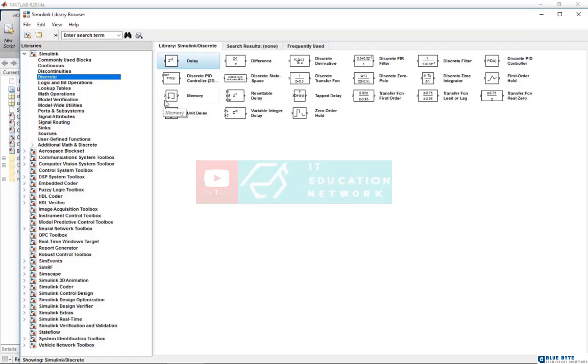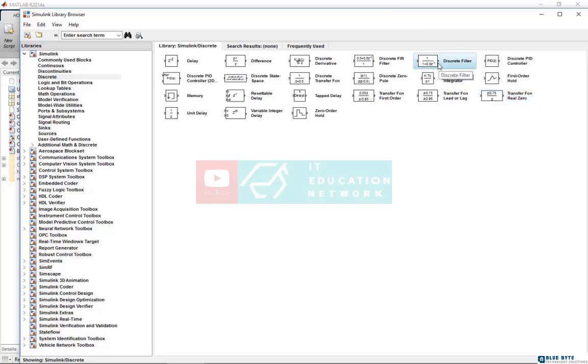Okay, we have the discrete transfer function, discrete zero-order hold. We have it in continuous systems, which work based on the system zeros and poles. We have transfer function real zero, which has a real zero but not a real pole. We have a discrete filter, which has a zero order hold function.